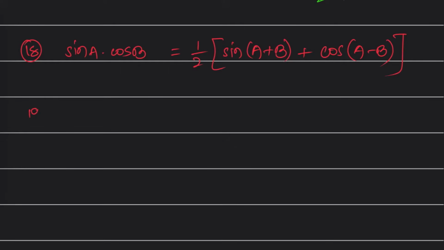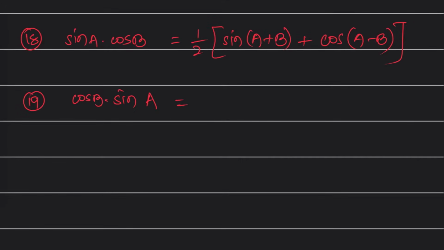For the 19th, wait a second, let me change the order: cos A sin B is going to be 1 by 2 into sin A plus B minus sin A minus B. My mistake, let me make some changes here. I'm sorry for this.